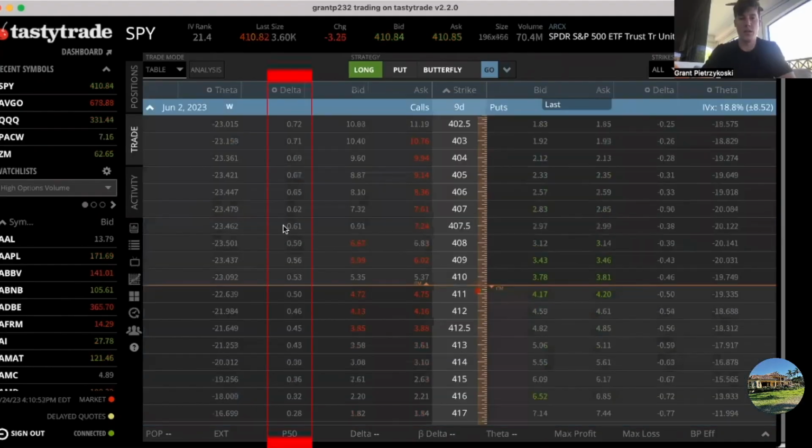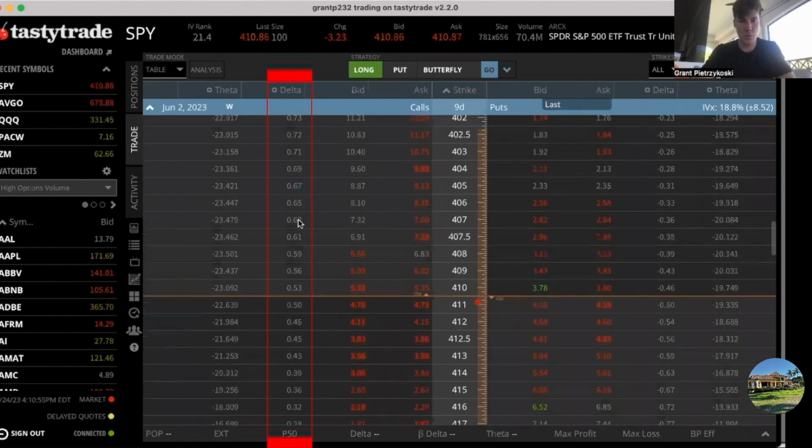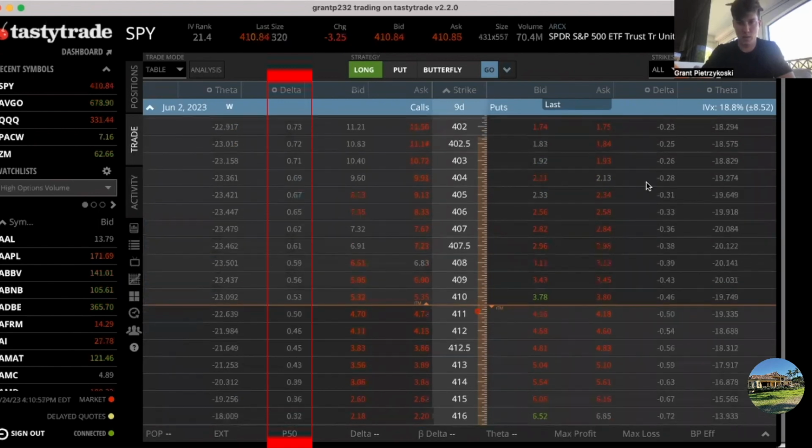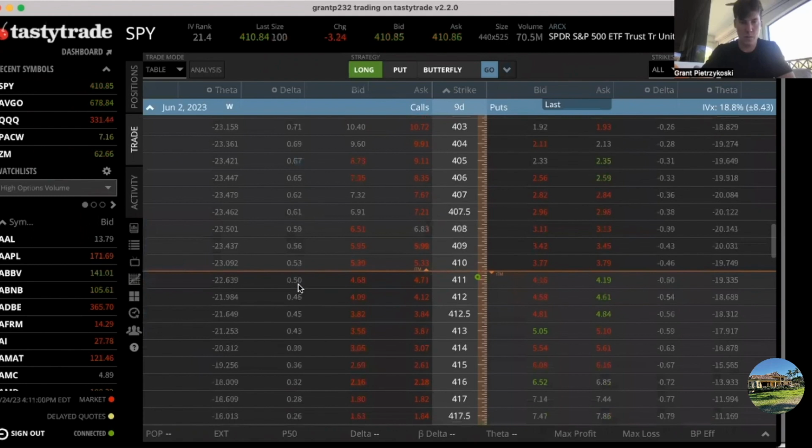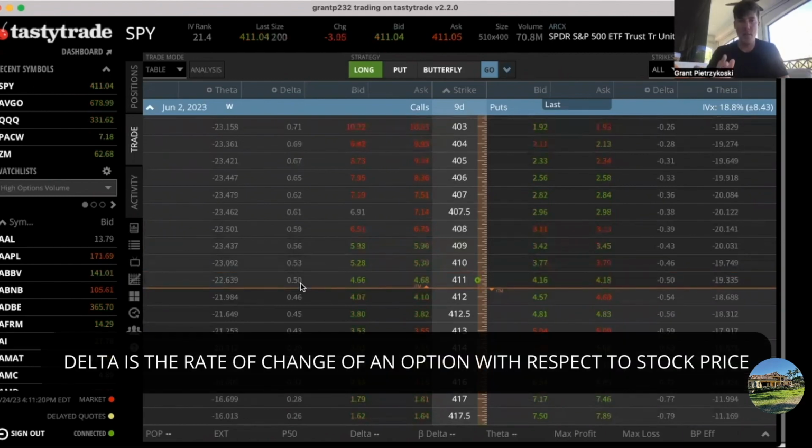So first we're going to talk about delta, and I'll jump to the trading platform to show you this. Okay, so your delta really serves two purposes. You can see it here by the puts and calls. The first purpose is that, taking away all the other factors we talked about, like time decay and implied volatility, your delta is how much your option is going to move relative to how much the stock moves.